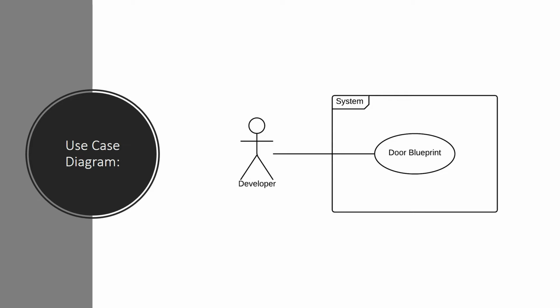Here we can see a sequence diagram. The door will open once we get the correct input, and the door will open with a certain angle, and this angle will be dependent on the developer. We selected 90 degrees.